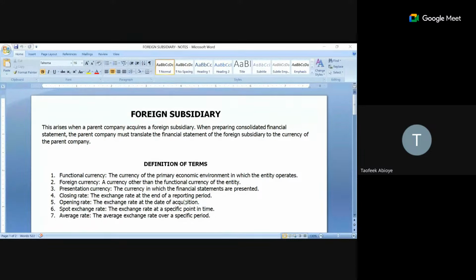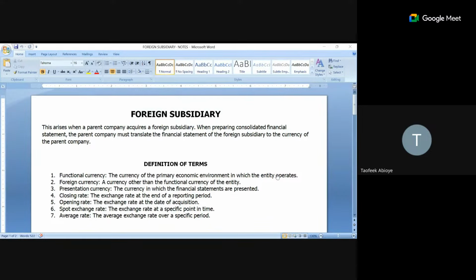Foreign subsidiary is a situation, we all know, where a parent company acquires a foreign subsidiary. That means the parent company acquires a subsidiary company that is in another country.